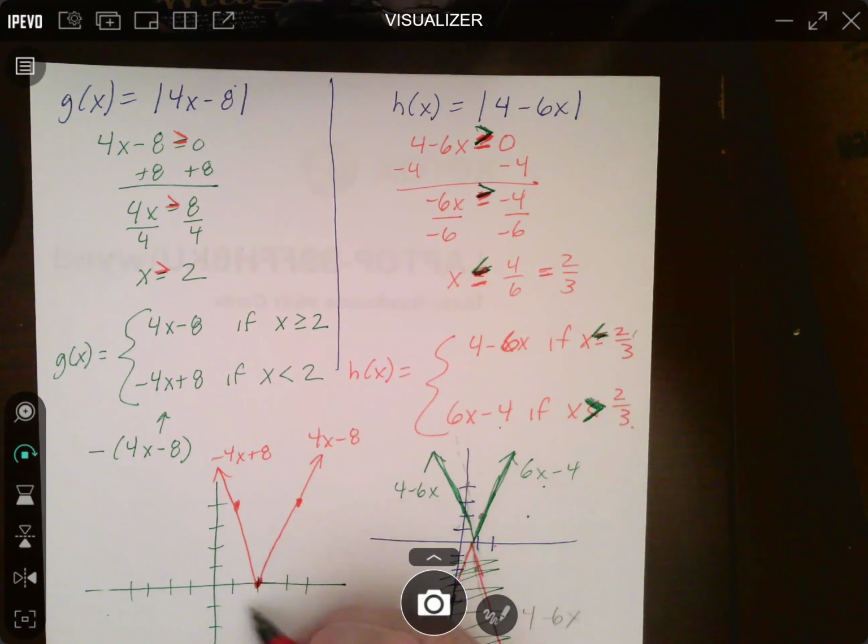I clearly have this scaled wrong. All right, that should be x equals 2 right there. Yeah, we'll just say that's 1 and 8 is off the screen. That still works. Okay, so that's what you kind of have to do in the piecewise function sections. All right, peace.